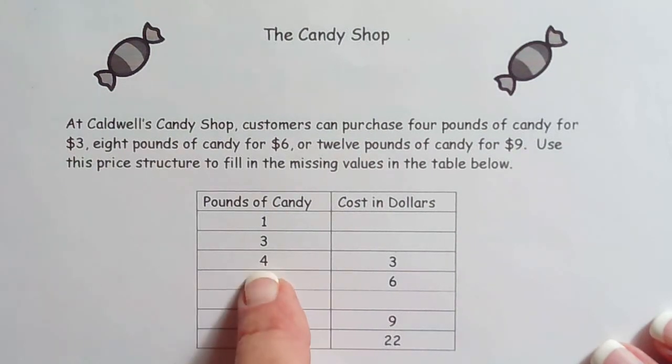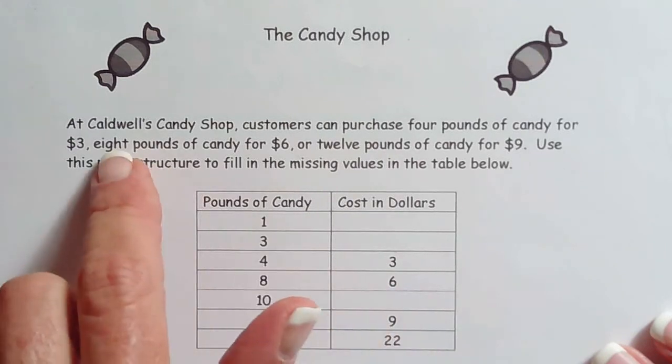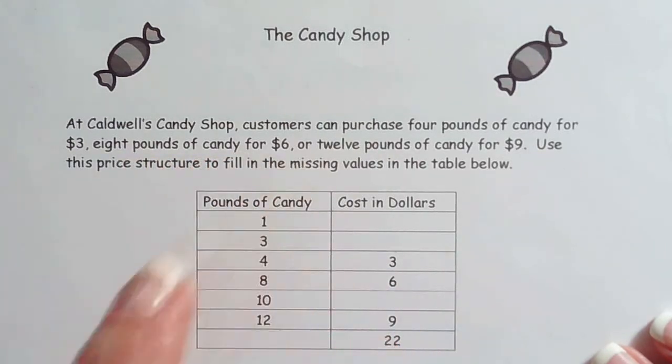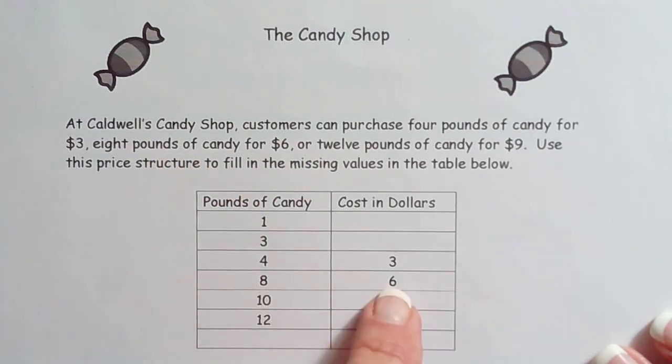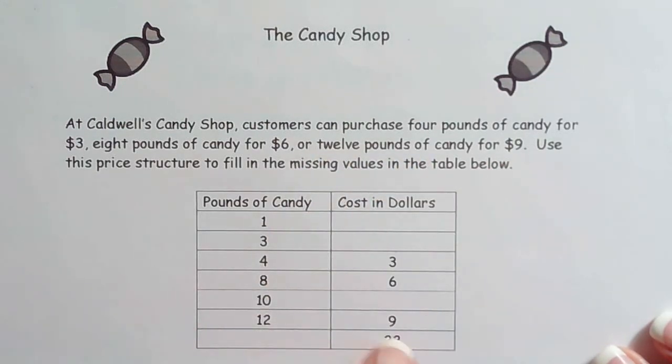So you can see here in the table, 4 pounds, $3. And 8 pounds of candy for $6. So 8 pounds, $6. Or 12 pounds of candy for $9. 12 pounds, $9. Use this price structure to fill in the missing values in the table.